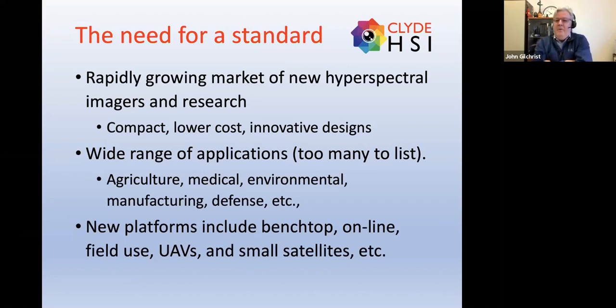And that is a real problem, because what one person means by a spectral camera is not necessarily what is meant by another person, or gosh, even what is meant by hyperspectral imaging. We'll come on to the definition of hyperspectral imaging in a little while. But what does that mean? It means something quite uniquely different to every single person.